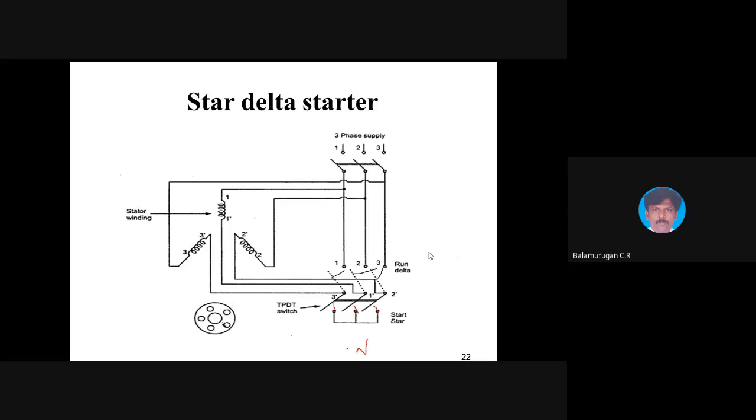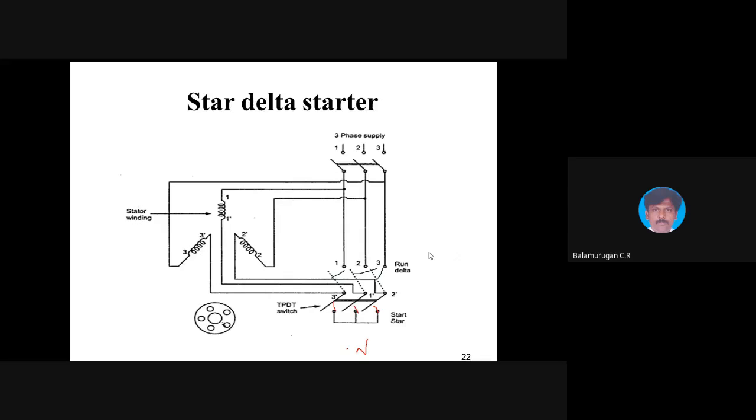And then you have to write some points related to advantage and disadvantage. You may have 2 or 3 points, at least 2 points you are supposed to write. In the star-delta starter, we can consider all the equations. In the stator resistance starter we'll have that x value.